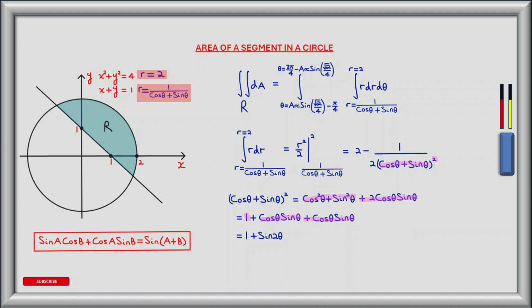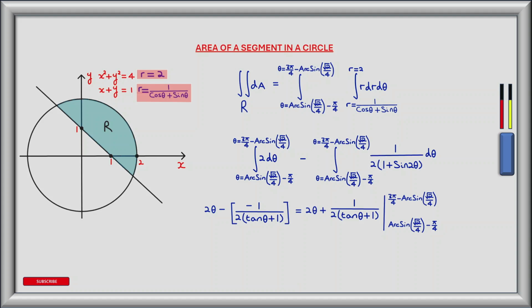Now if we use the trig identity, sine A times cos B plus cos A times sine B is equal to sine of A plus B, we're left with 1 plus sine 2 theta. Our inner integral therefore evaluates to 2 minus 1 divided by 1 plus sine 2 theta multiplied by 2.